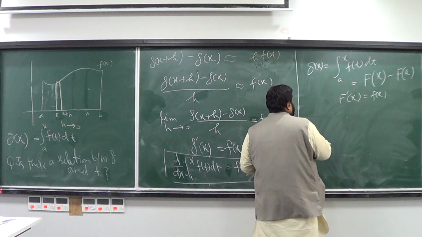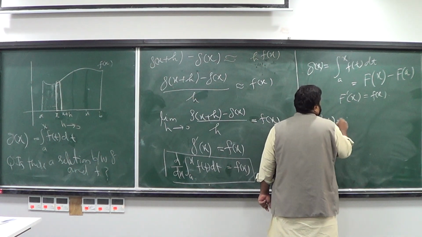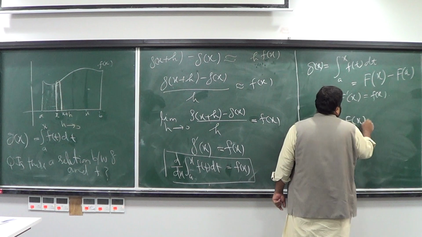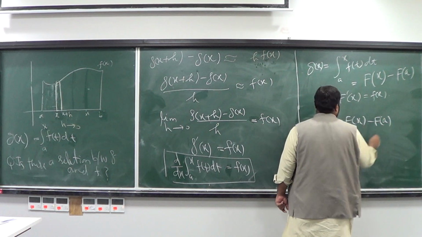So this means that g of x is really F of x minus F of a.